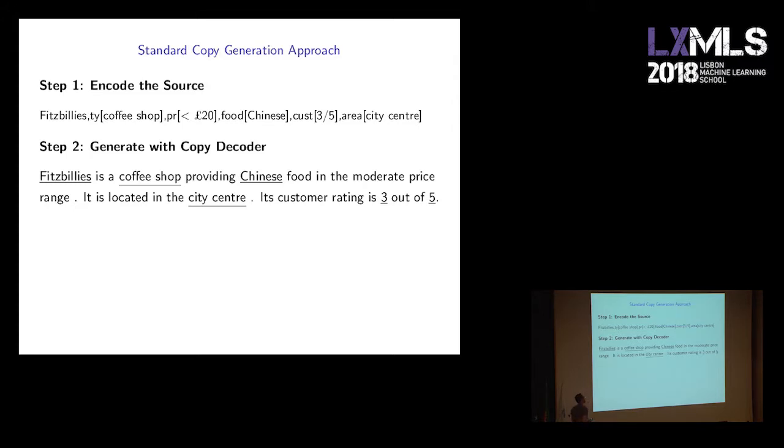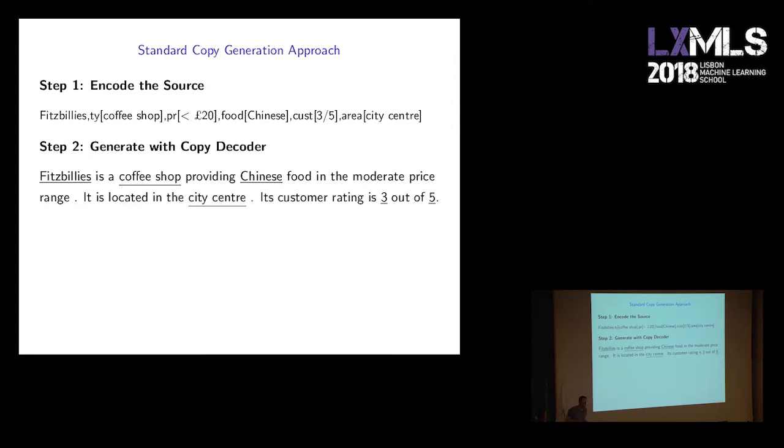So here, our output, based on the facts we were given, is Fitzbilly's is a coffee shop providing Chinese food in the moderate price range. It is located in the city center. Its customer rating is 3 out of 5. Note that in this generation, I'm underlining all the parts of this output that we copied directly from the source. The rest of it came from other aspects in the model itself.